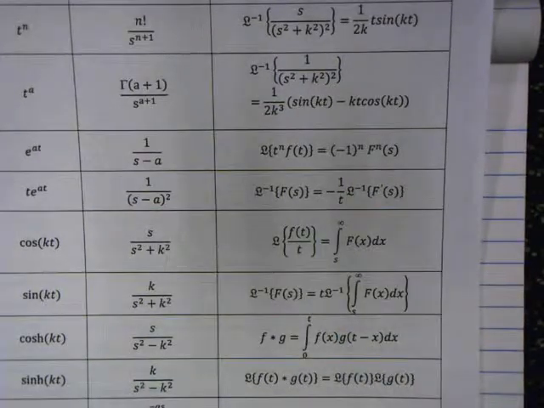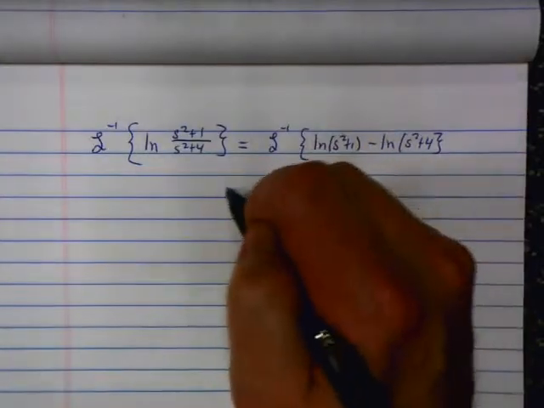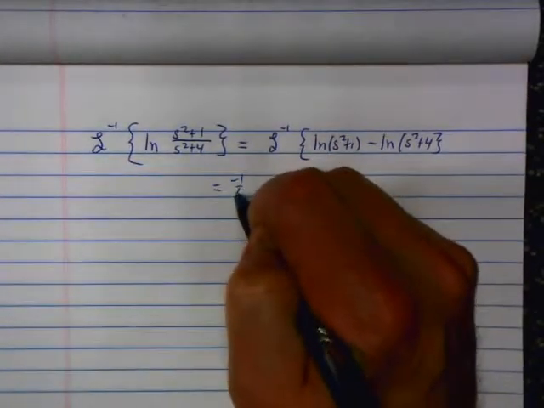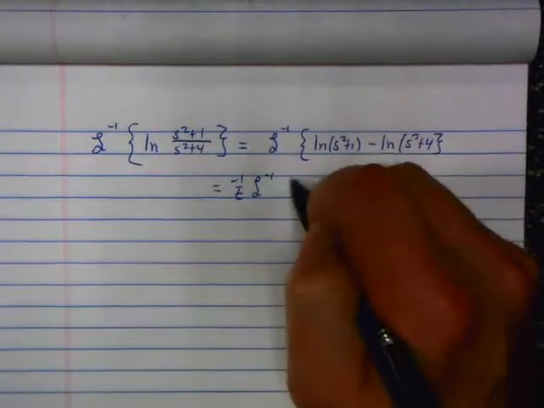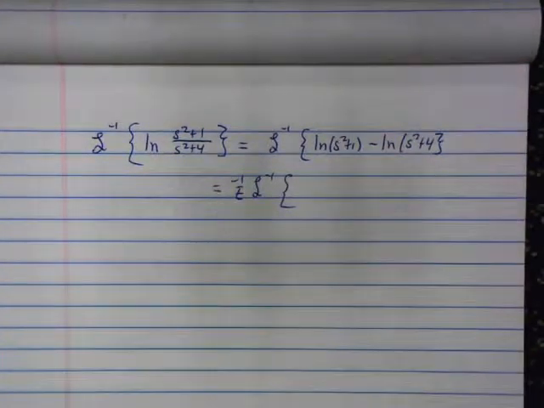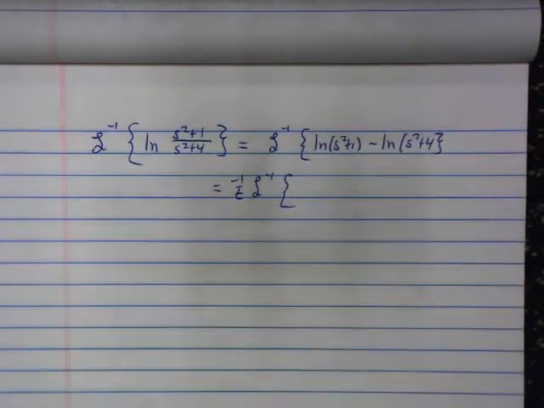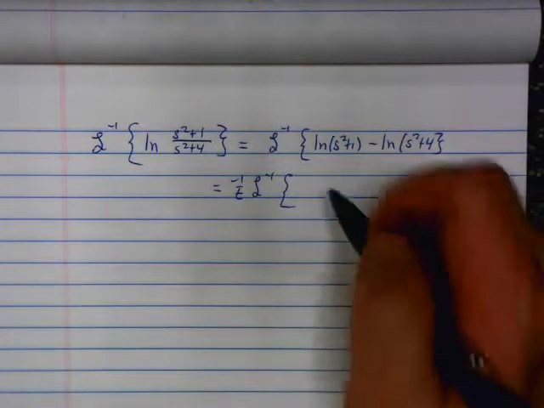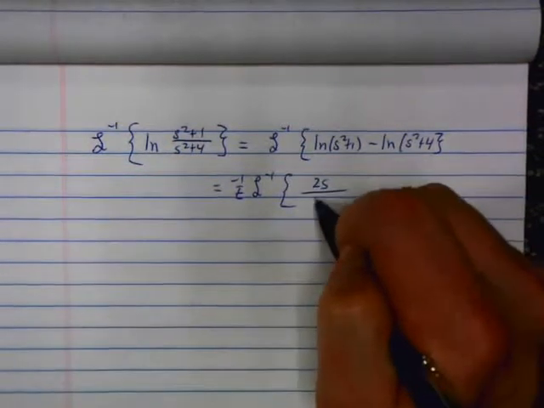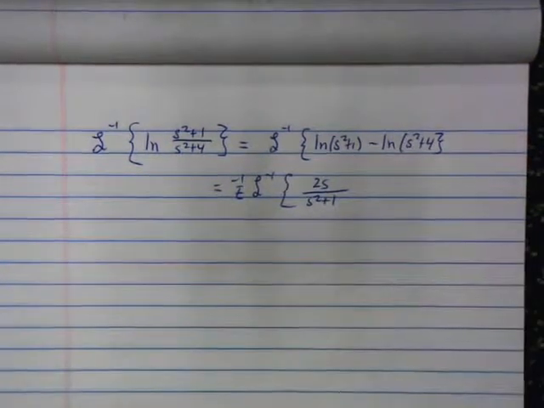So that's going to be very helpful. So this is negative 1 over t, the inverse Laplace transform of, I take the derivative. What's the derivative of ln of s squared plus 1? 2s over s squared plus 1.